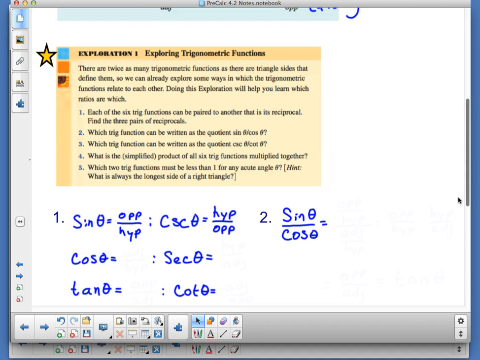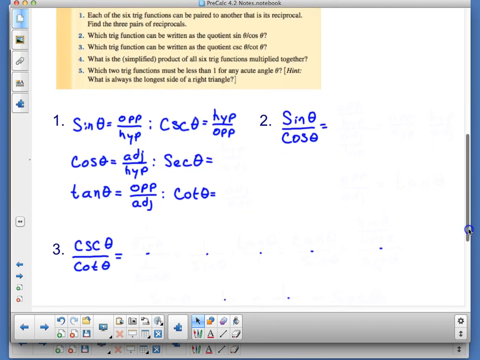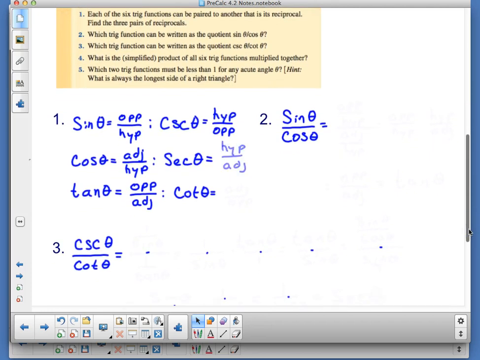If you remember your basic SOHCAHTOA, sine is opposite over hypotenuse, cosine is adjacent over hypotenuse, tangent is opposite over adjacent. So if you just get those written down, you know that the other ones are the reciprocals of that.